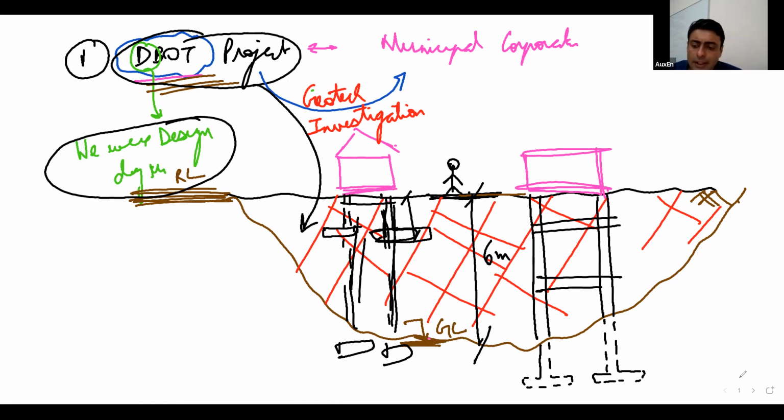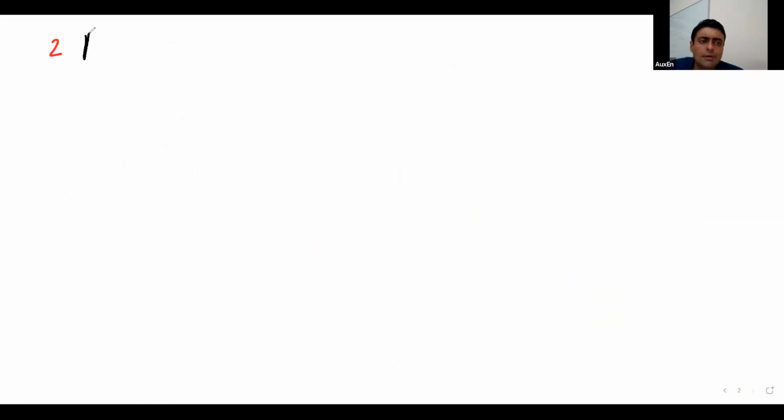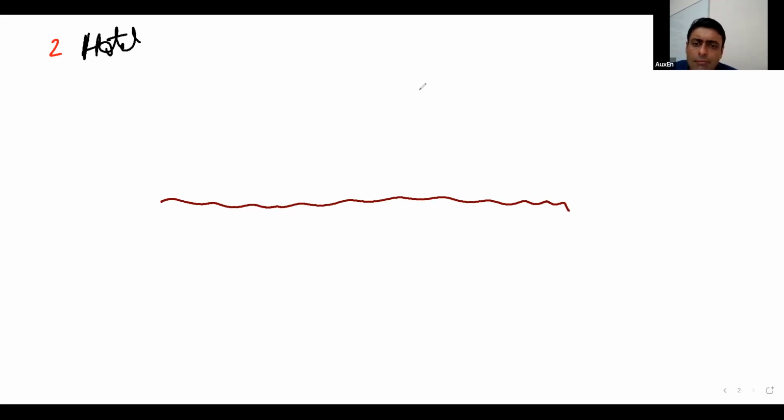Anyway, the second case was a hotel project in Indore again. We were not directly associated with this project. We got indirectly associated at a later stage. I will tell you when. This project was a hotel building in Indore, going to be constructed in a large open space on one of the Indore bypass roads.